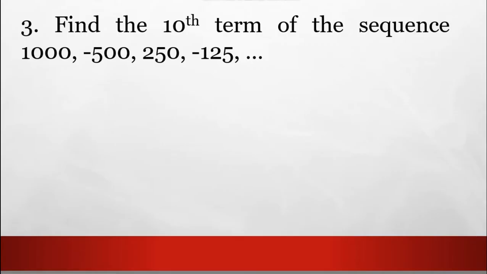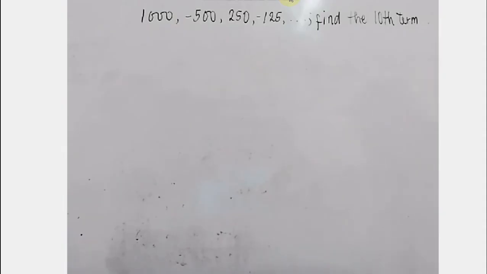Now, let's try the example number 3. How about if we have this kind of sequence? Find the 10th term of the sequence 1,000, -500, 250, -125, and so on. Okay, so let's solve. So again, let's begin with finding the common ratio.